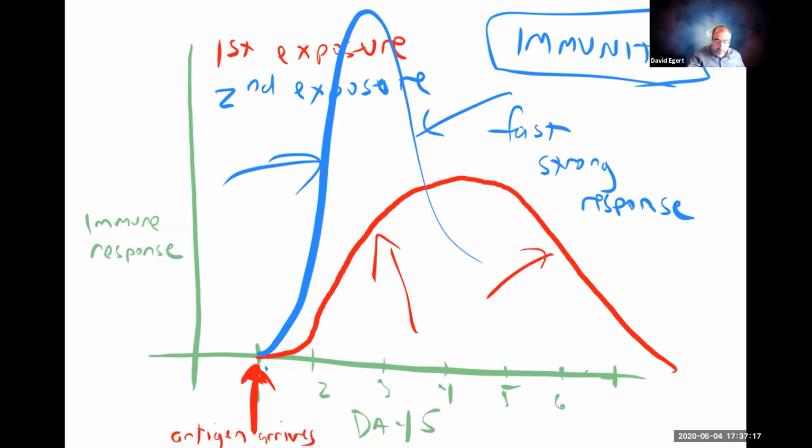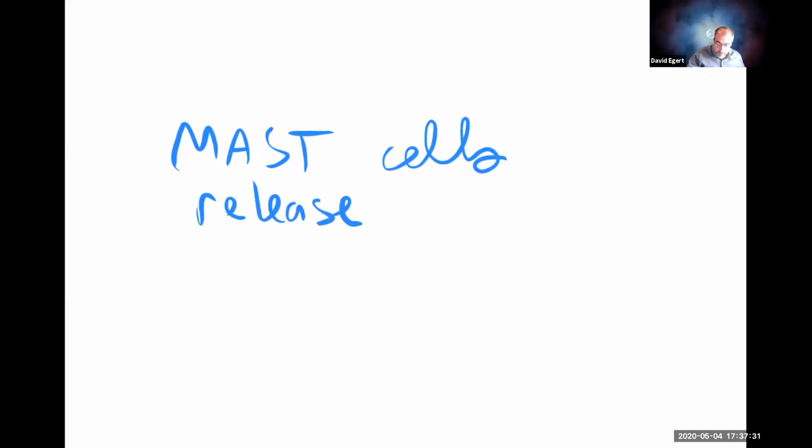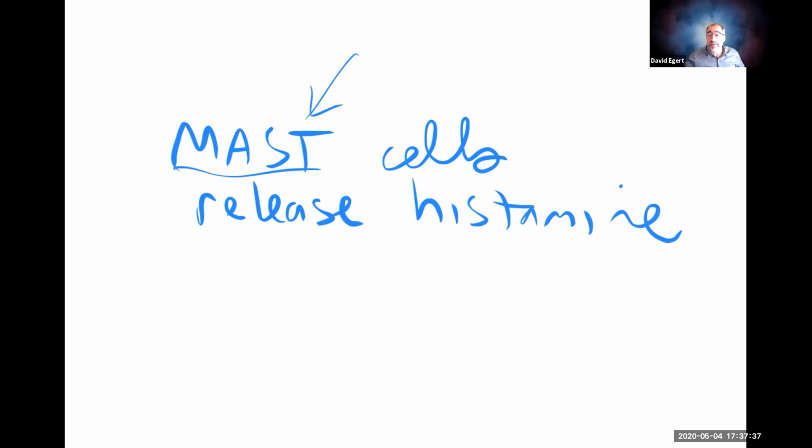Mast cells are basically cells that release histamine, so that's part of the inflammatory response. Mast cells are one of the classic cells found in your connective tissue. They're all over the place.